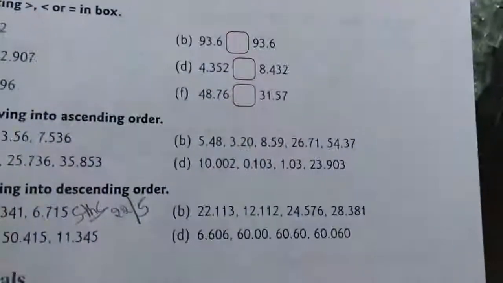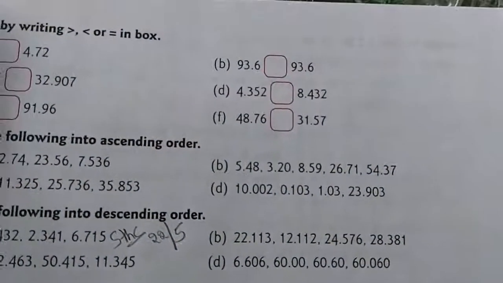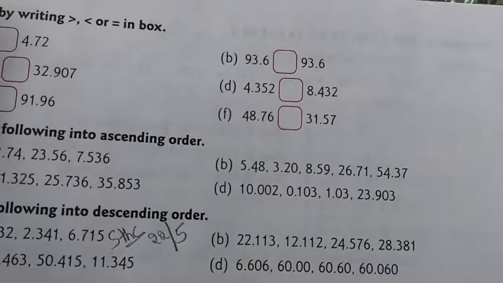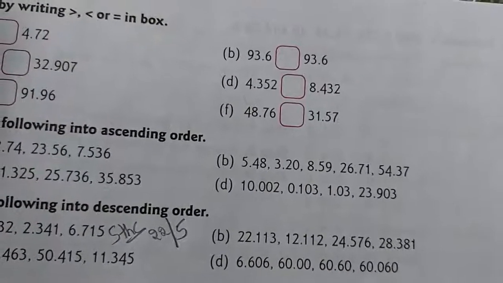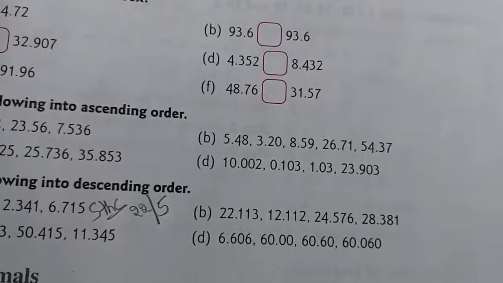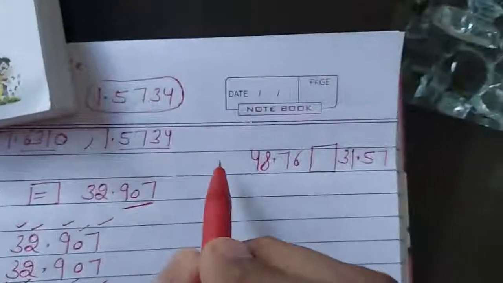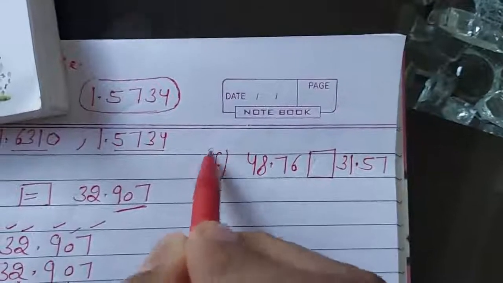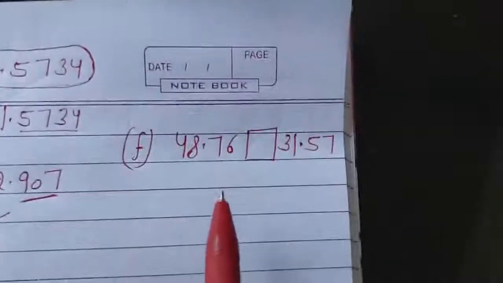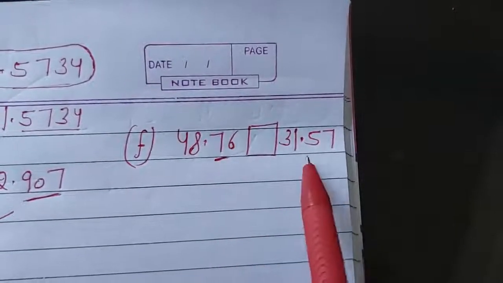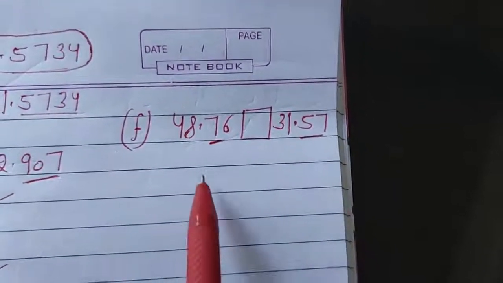And there is an F part. Please take a look at the F part. 48.76 box 31.57. So you just check whether they are like or unlike. They are like decimals.